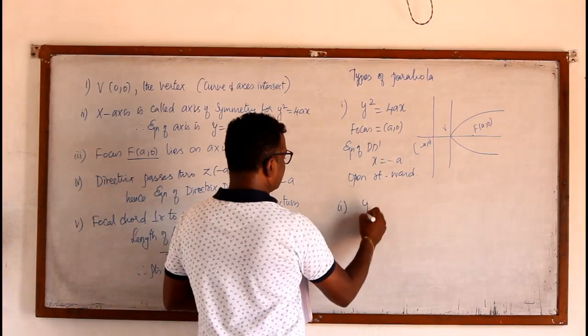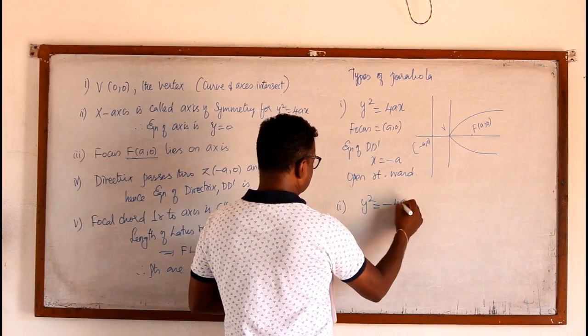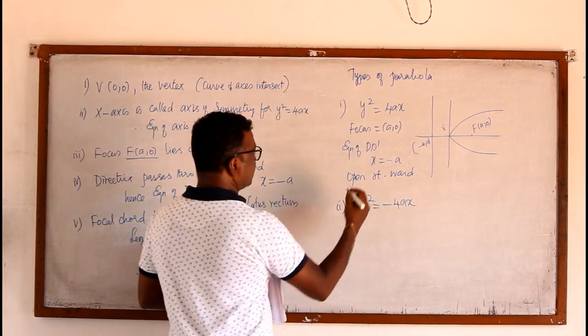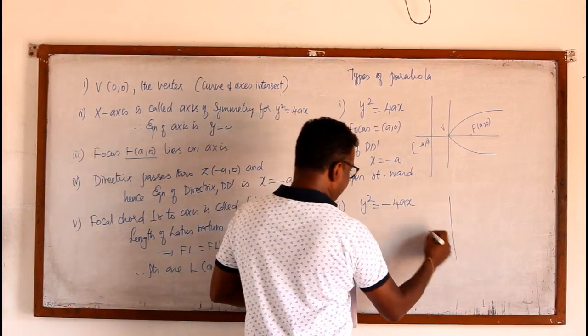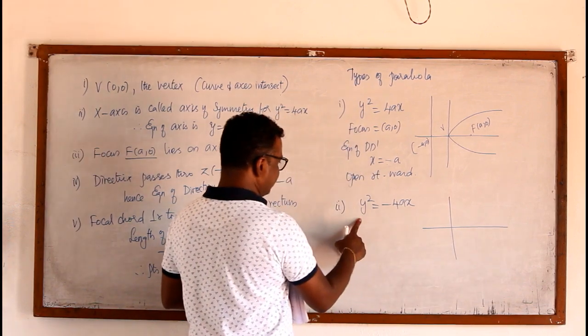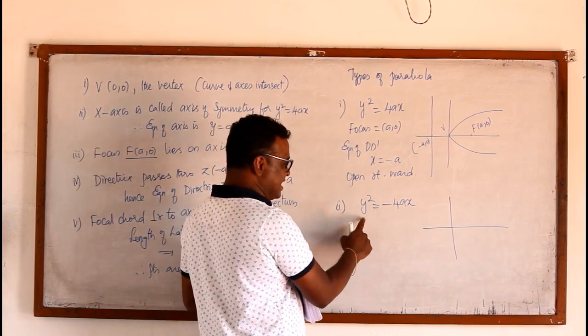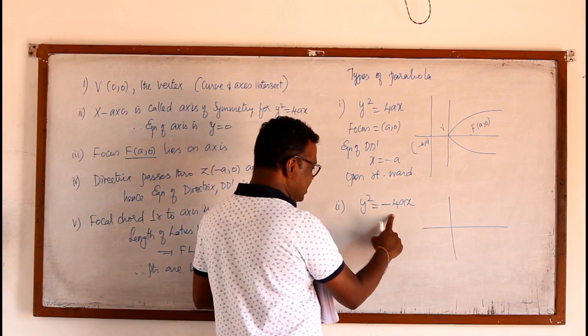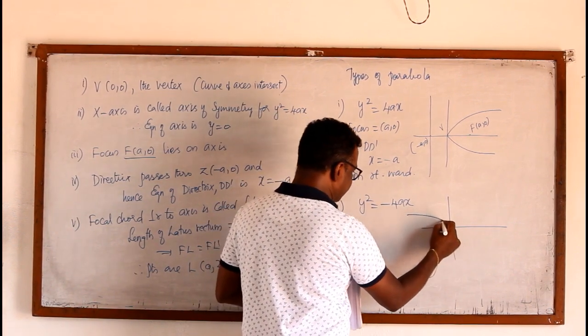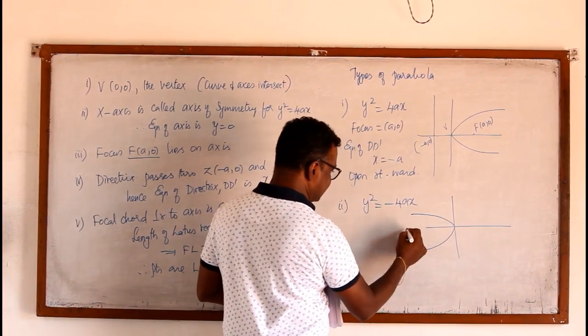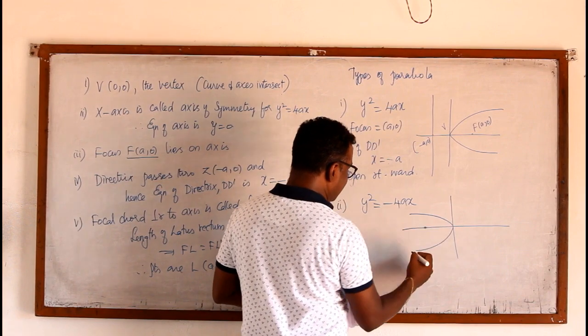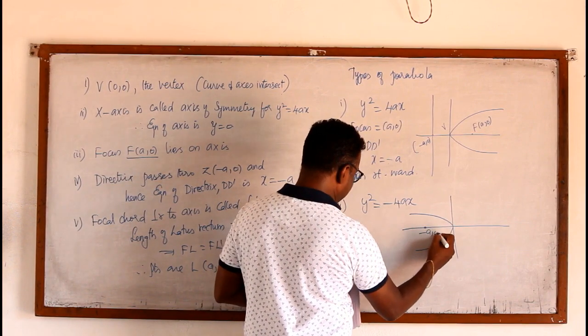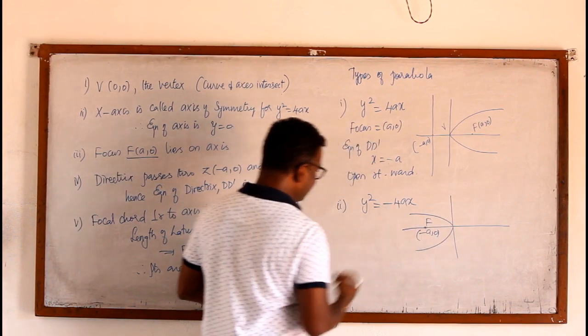Second type: y square equal to minus 4ax. Then we shall draw the curve first. Y square means our curve will be symmetric about the x-axis, but it is minus, therefore the curve is symmetric about the negative x-axis. Then the point on the negative x-axis will be (minus a, 0), so that is our focus.